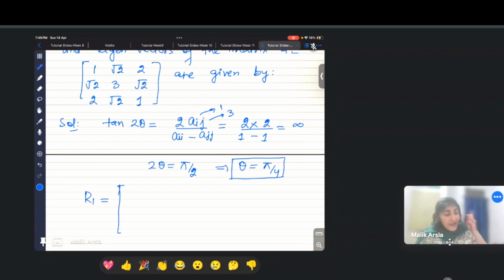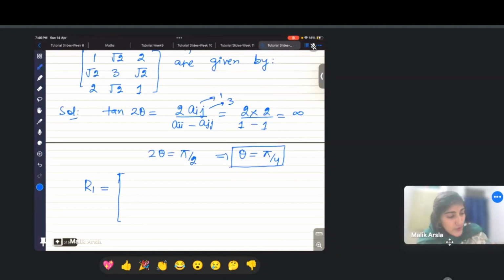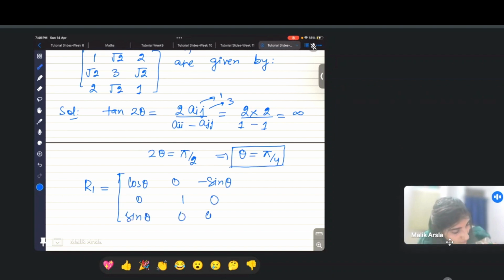So now when you are forming the rotation matrix, say R1 in this case, you have taken 1, 3. It means that it is cos theta, 0, minus sin theta; 0, 1, 0; sin theta, 0, cos theta. So basically 1 and 3 decide where it should be.